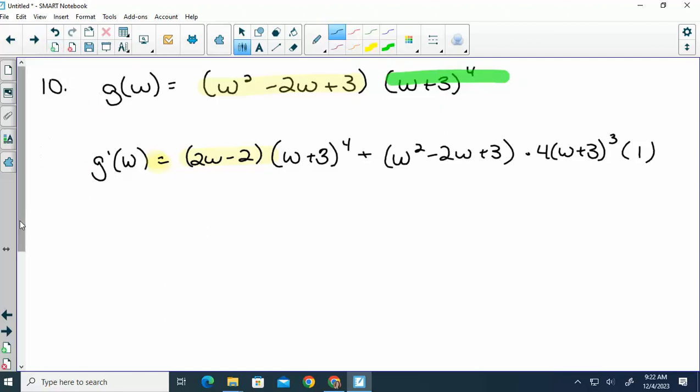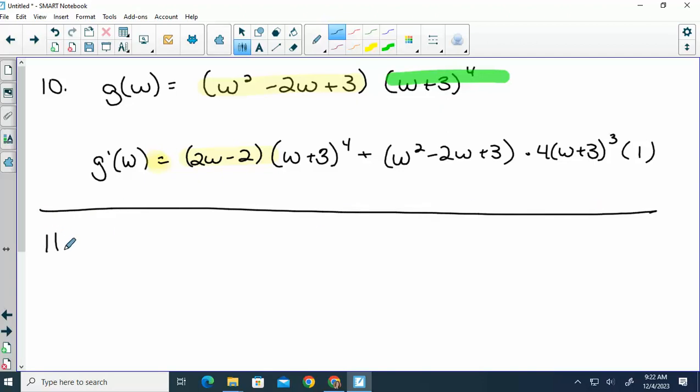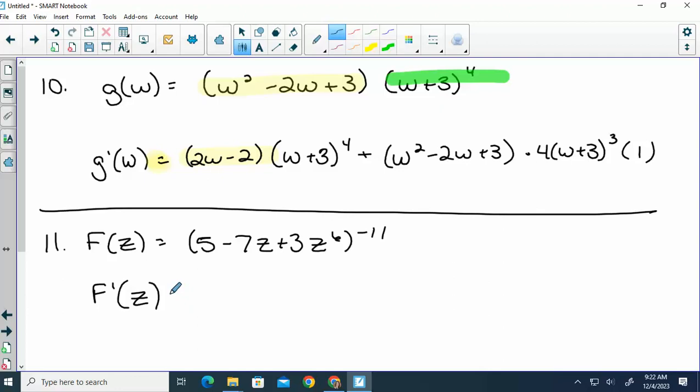Number 11. How might it be helpful to rewrite that problem? If it's 1 over something, just go ahead and bring it up as a negative exponent. So our derivative, exponent comes down, inside stays the same.